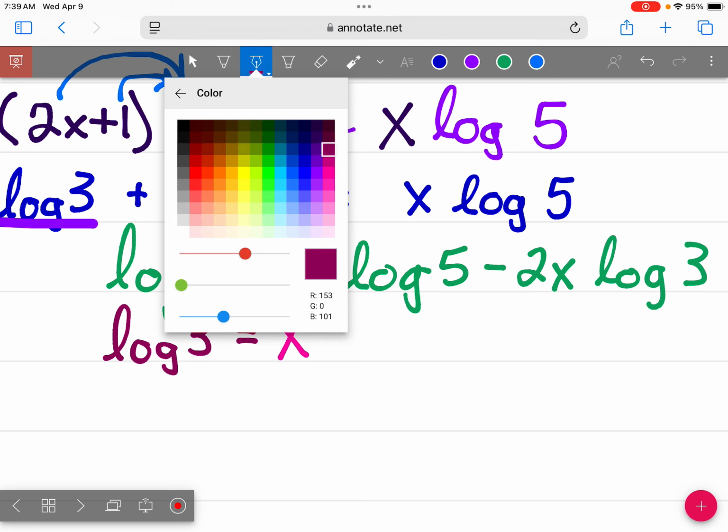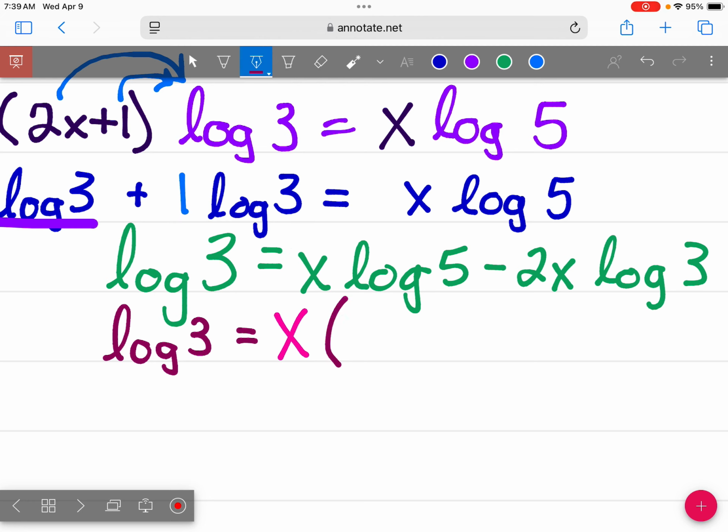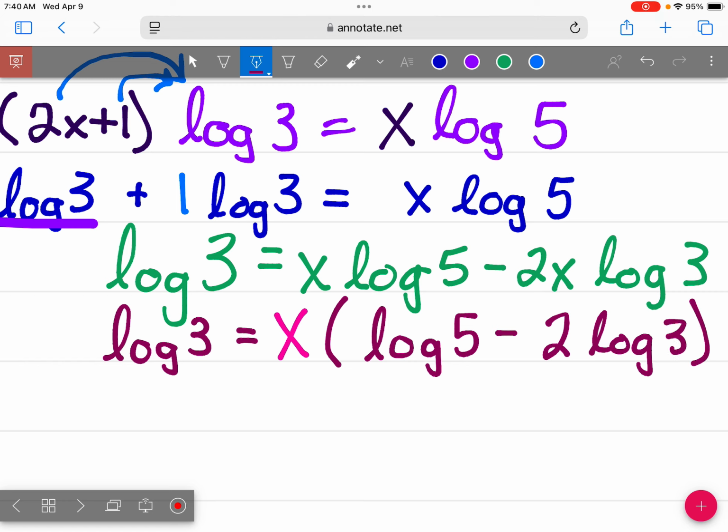We're gonna factor an x out. If I take an x out of our x log 5, we're left with just the log 5 part. And if I factor an x out of 2x log 3, we're gonna have our 2 log 3. We're just pulling the x out of it.